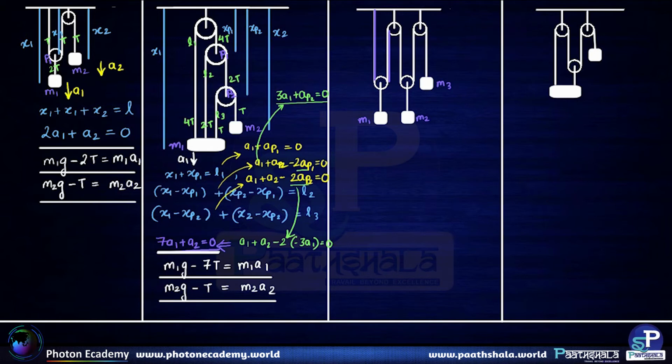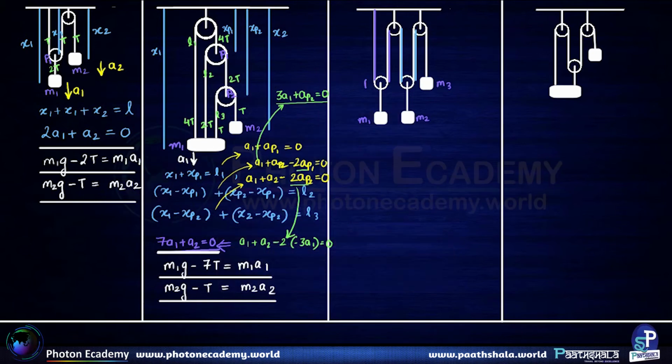Okay, the next two distances are x2. So this and this, because the second pulley P2 is connected rigidly to the mass m2. So this is pulley P1, this is pulley P2. So these two blue distances are nothing but x2. And the third distance, this distance happens to be x3.